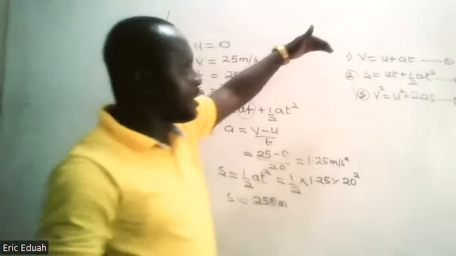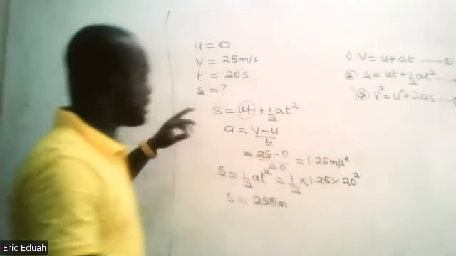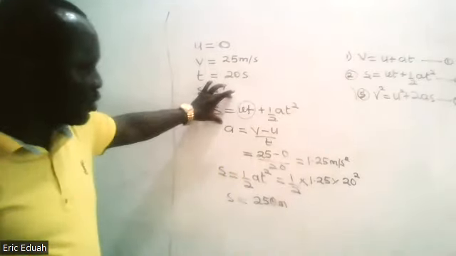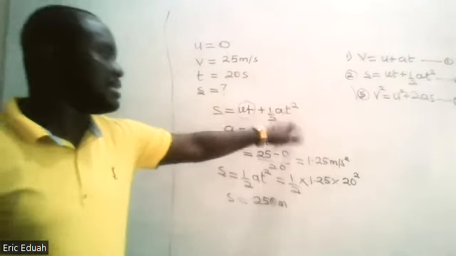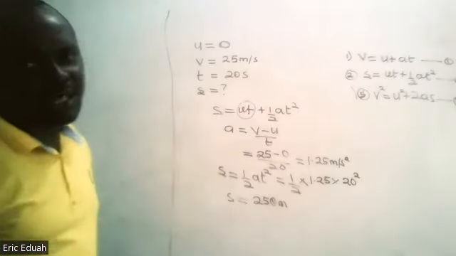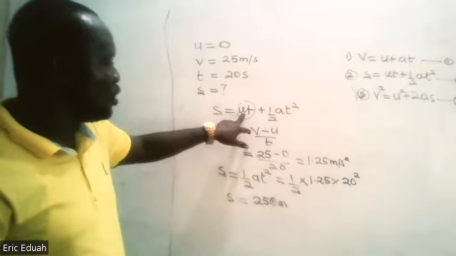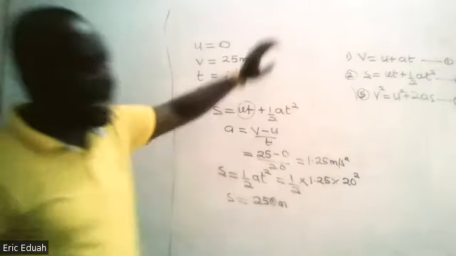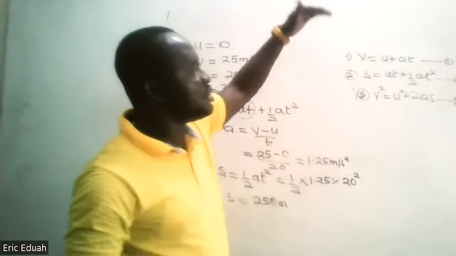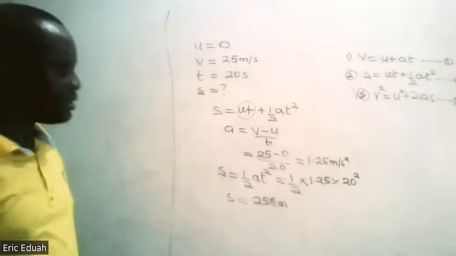So if we want to use equation 2, which is displacement is equal to ut plus half at squared, you will still need the acceleration because you have u, you have t, but you don't have the acceleration. So here you need equation 1 to help you get the acceleration.